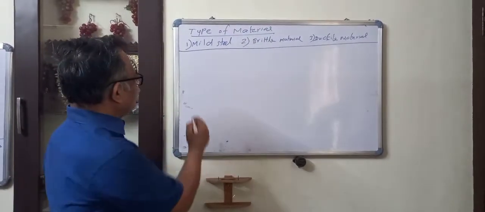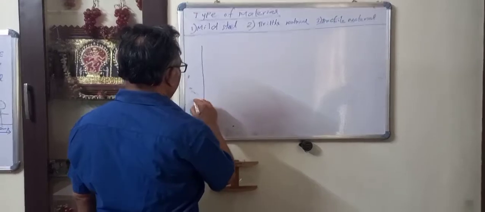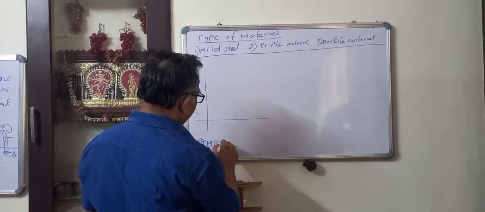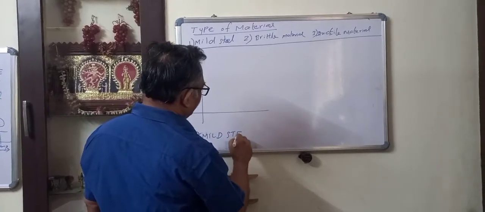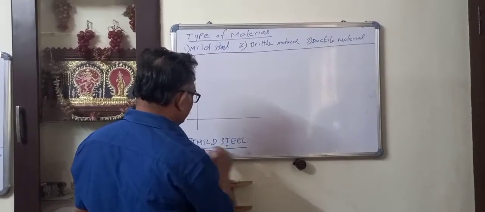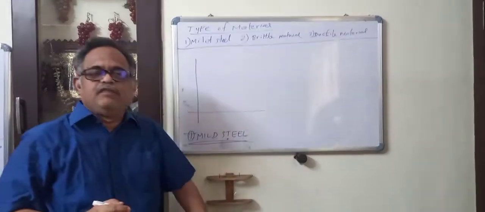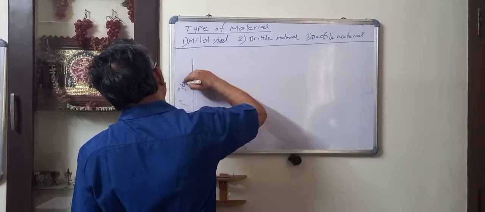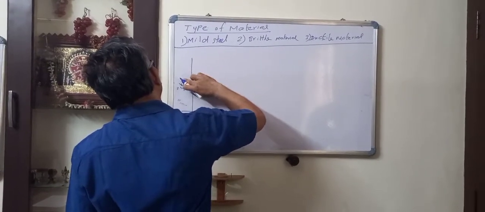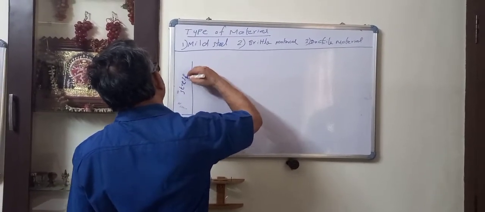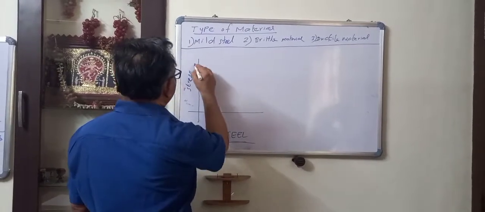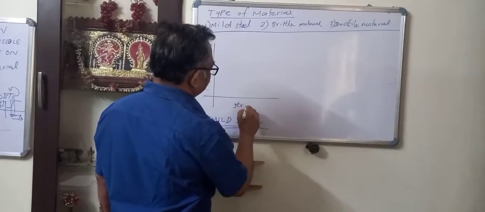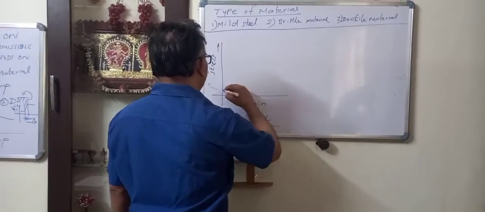So first of all, let us take the case of mild steel. We will see how we decide upon the maximum permissible stress if you use mild steel, right? So take mild steel and its stress strain diagram, with stress on the y-axis and strain on the x-axis.